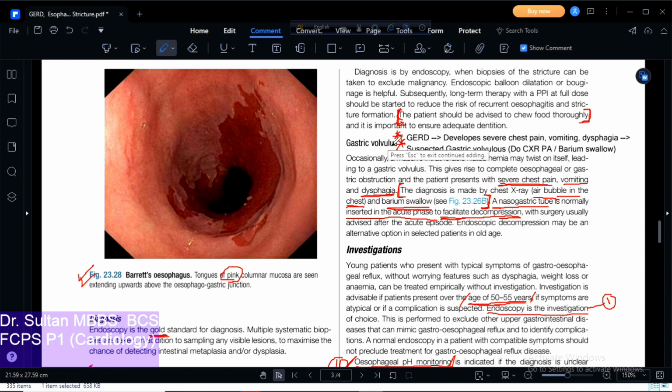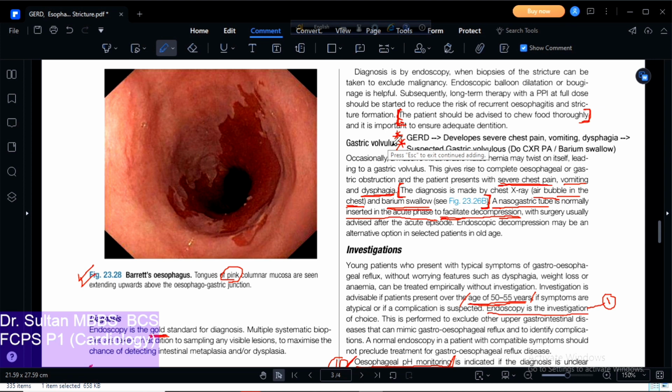So in the gastric volvulus, in the acute phase, you have diagnosed that yeah, this is a case of gastric volvulus. So in the acute phase, what do you do? You just insert a nasogastric tube or NG tube in the acute condition, and it can facilitate decompression.